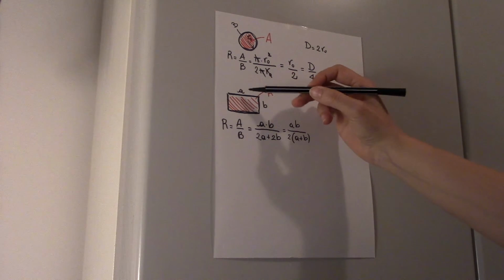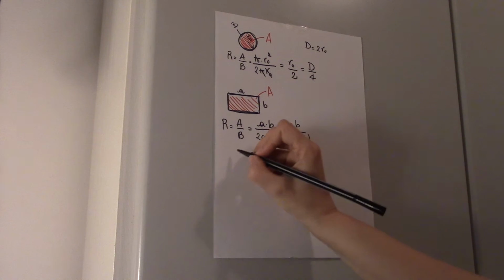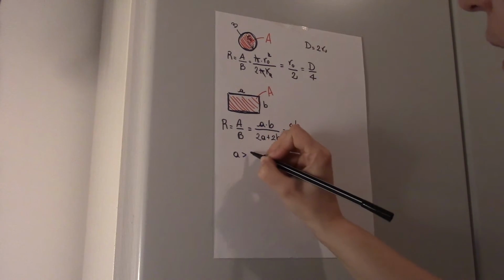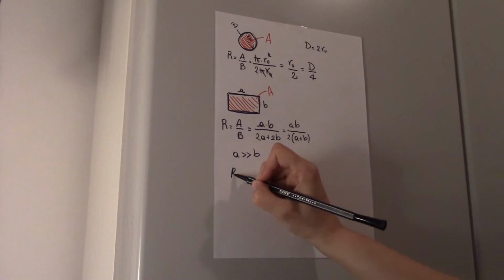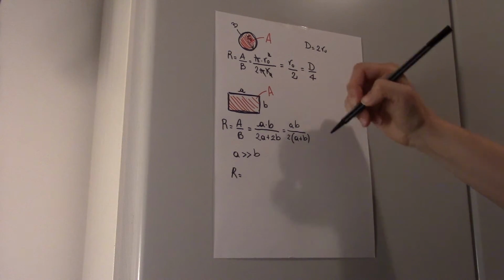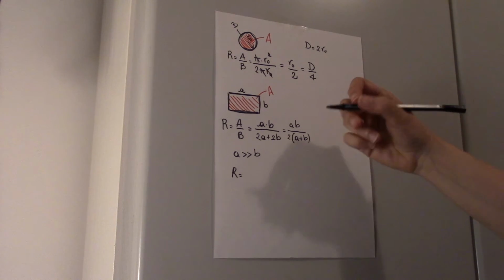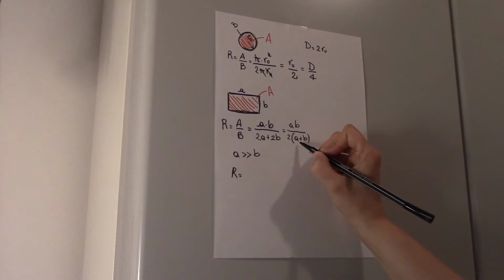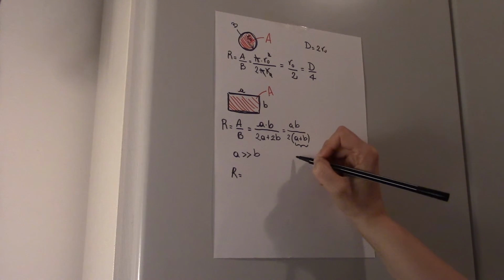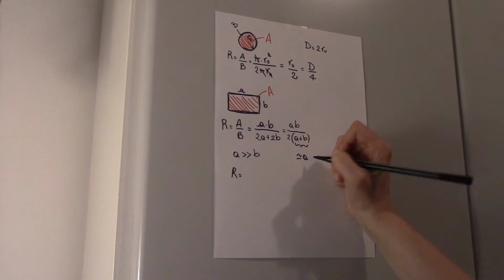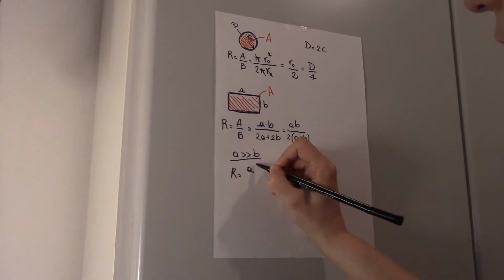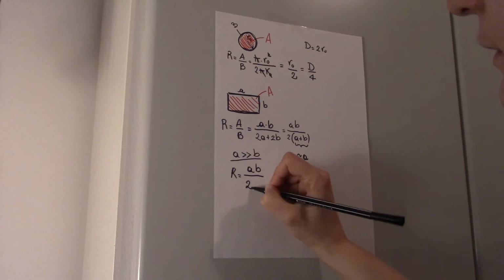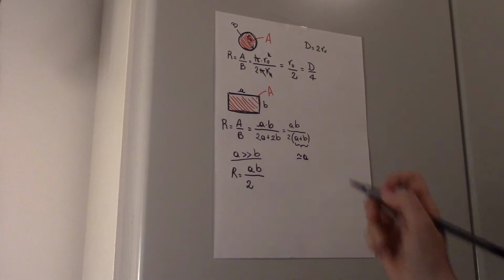So basically this dimension A is really much higher than B. Then it follows that if A is really higher than B, then this term comes to be almost equal to A. So for this particular case we get that AB is over 2A.